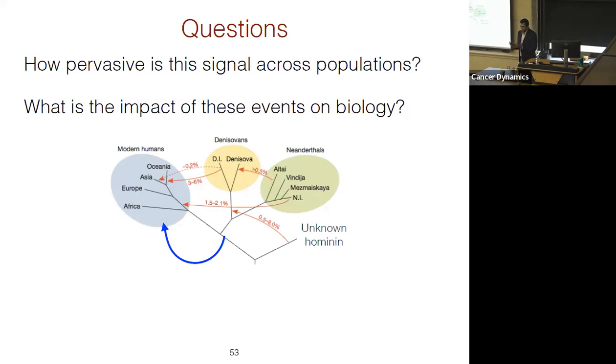However, as modern human genomes and the number of these modern human genomes increases, we are finding additional signals which don't require access to these reference genomes. So a question for us is, how pervasive are these signals of ghost introgression across different populations? And what might be the impact of these events on human biology in general?